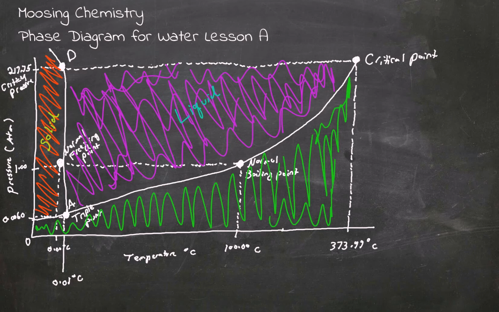That means you're going to be a gas. That doesn't look too good, so let's change the color there and make that a little bit better. Let's do this yellow here. Okay, so good. You're going to be in the gas state, which is basically a vapor.